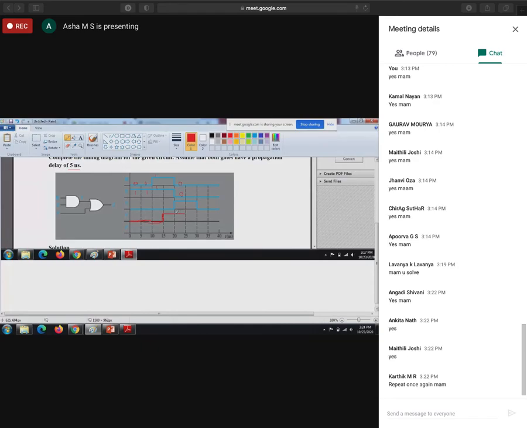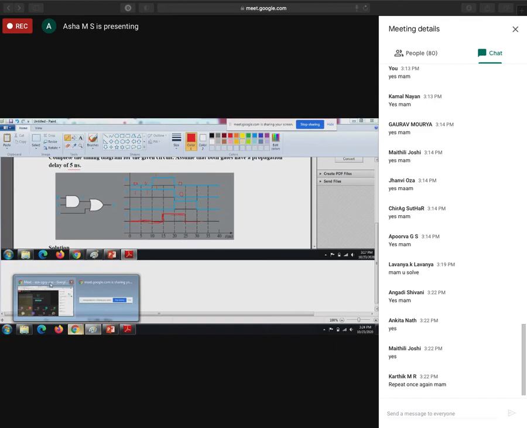For these 5 nanoseconds, the output will be the same as the previous state. The previous state is high. At 25, it is going to change from high to low, because both inputs are 0, so the output will be changed to 0. Karthik, are you clear now?